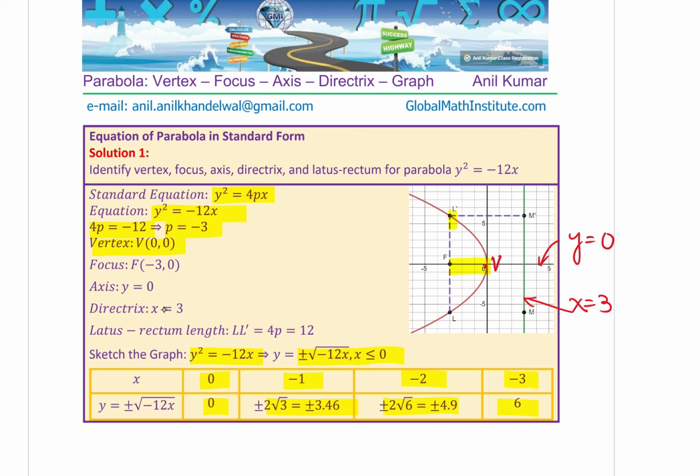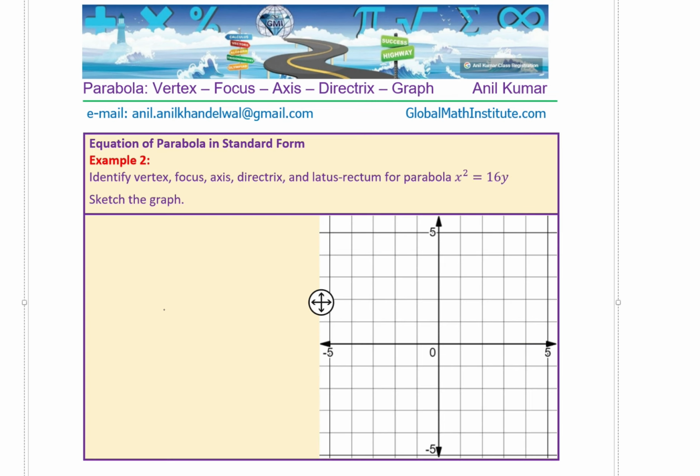Plotting these points on the graph, we will get our results, and so we can sketch the graph. So I hope the whole process is absolutely clear. So what we have done here is that we have identified all the important parameters of the parabola from the given equation. Now let's look into another example.